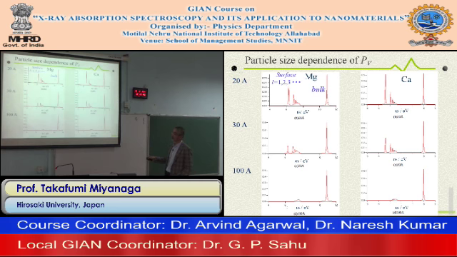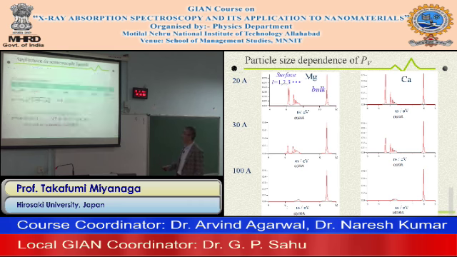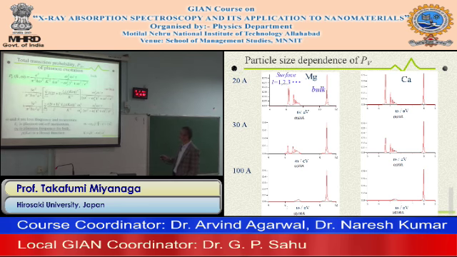But for smaller particles, 30 or 20 angstrom radius, the surface plasmon becomes prominent. And this fine structure comes from the Bessel expansion by the Bessel functions.